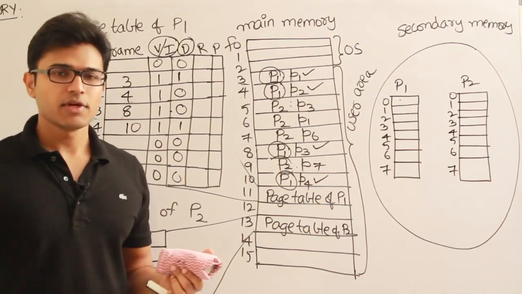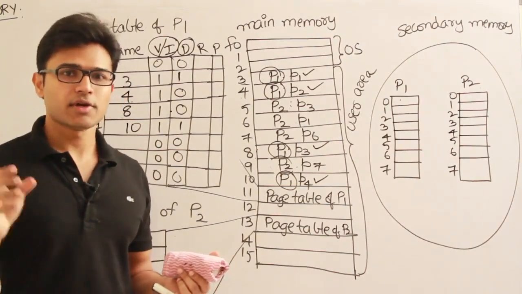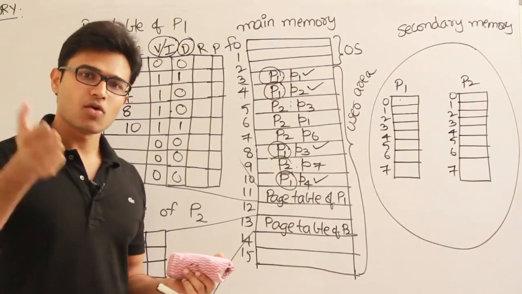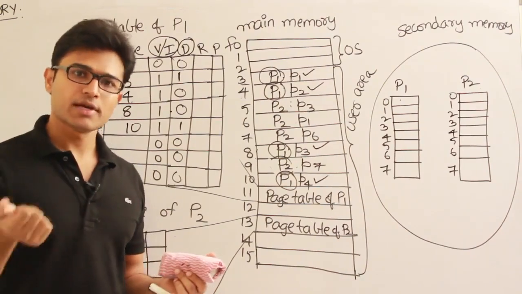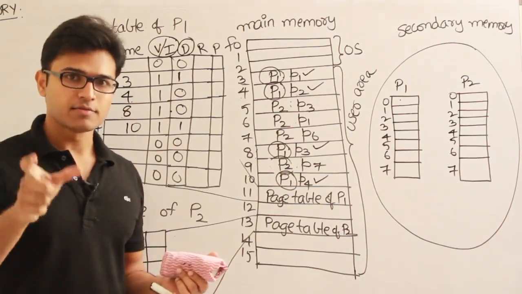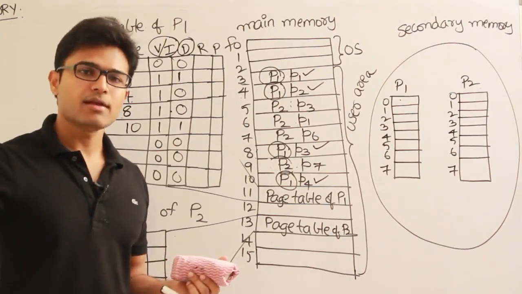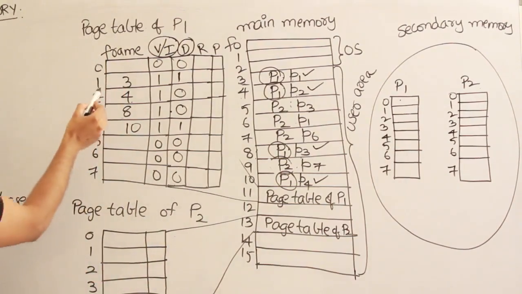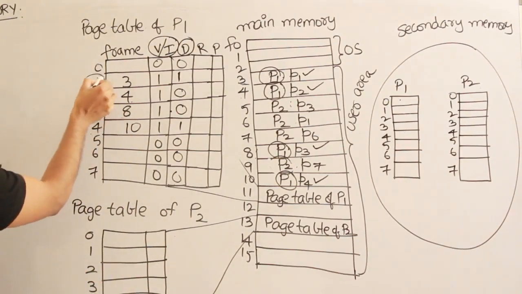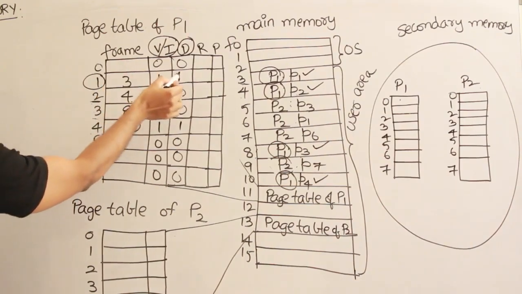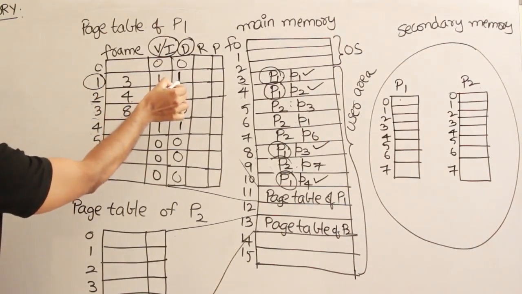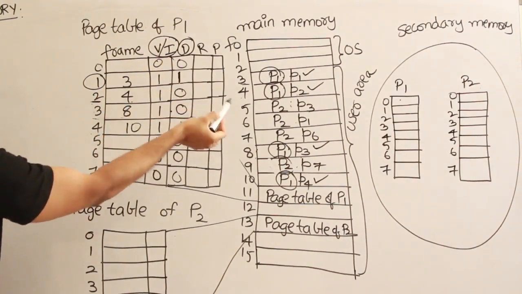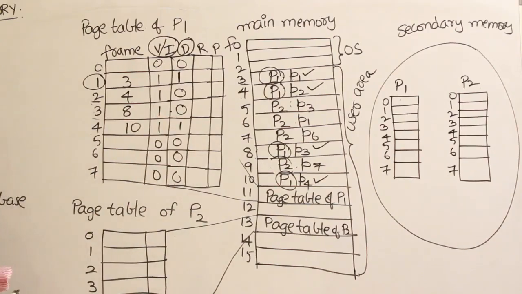Whenever we try to replace it, whenever we try to overwrite something on that frame, it is better to write it back and then get the new page. So if page 1 of this process has to be replaced, we are going to write it back first and then load the new one. That is why the dirty bit is used.